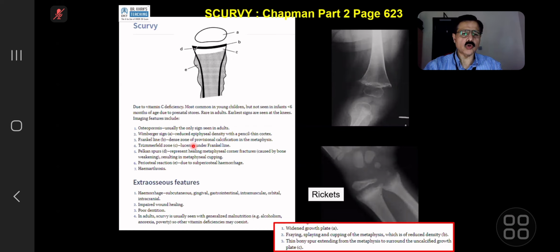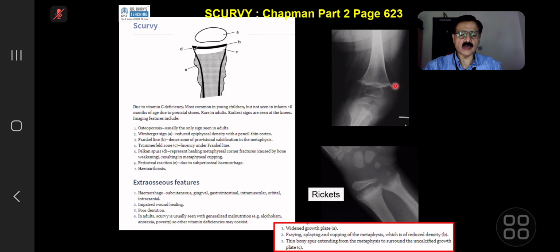Then the Frankel line, the zone of provisional calcification in the metaphysis. This calcification is normal, but it gives you a slightly fluffy appearance because calcium is normal. Then the Trümmerfeld zone is lucency under the Frankel line, not very well projected in our example, but you can imagine that somewhere here is a lucency under the Frankel line.